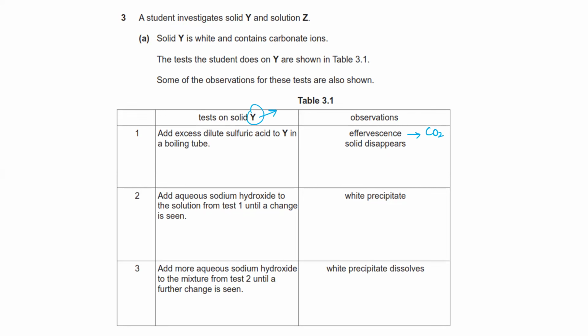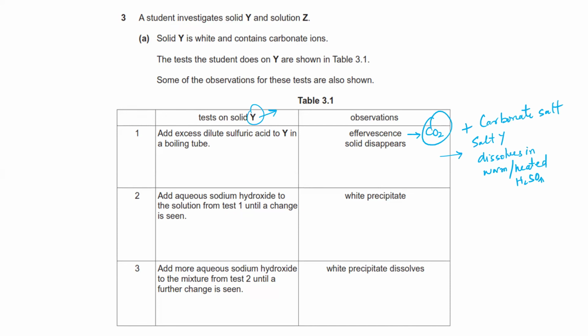So you can say salt Y dissolves in warm slash heated H2SO4 and contains a carbonate ion. It's a carbonate salt. So this one thing is clear.